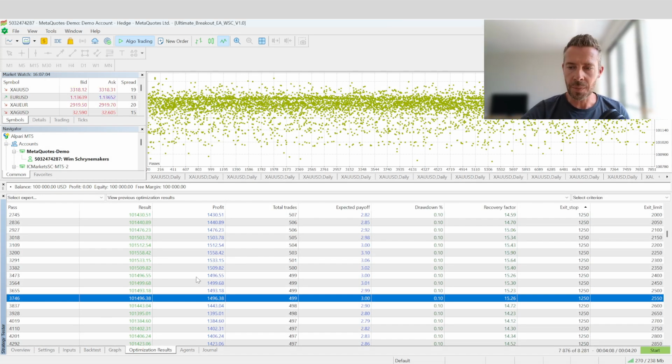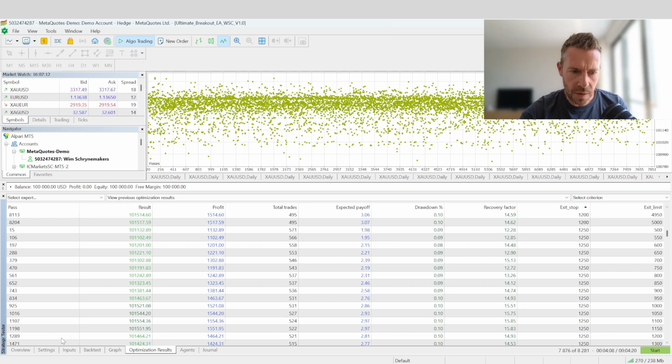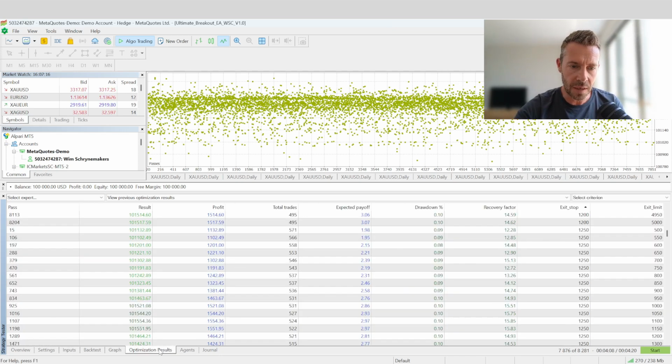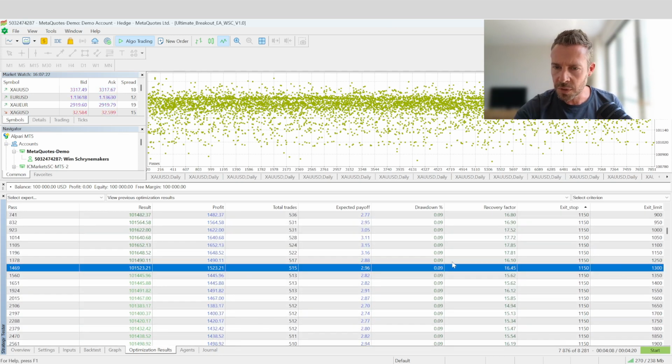All right, so the optimization process of the stop loss and take profit has ended. The original values were 1150 and 1300. So if we quickly find that, 1150 and 1300, this was the original one from the original optimization. And we had a profit of 1523 with a recovery factor of 16.